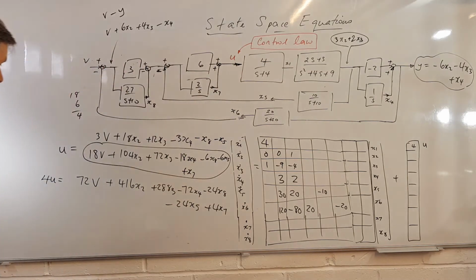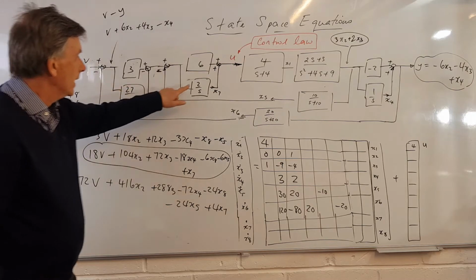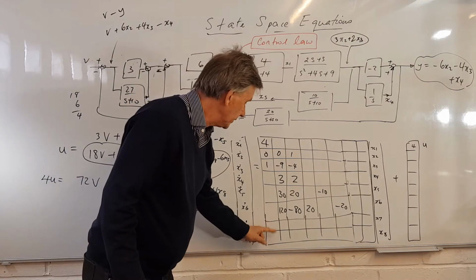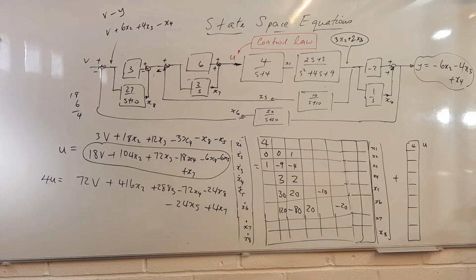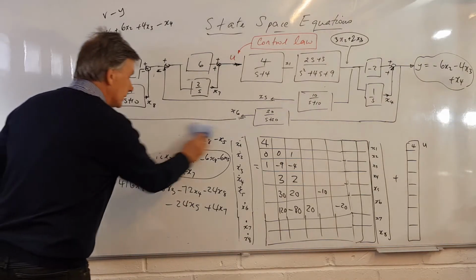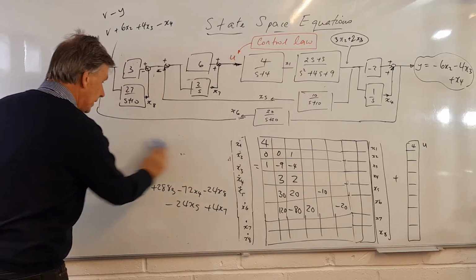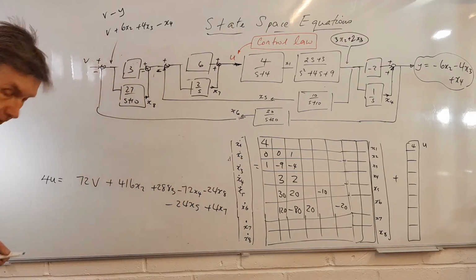We now put these numbers into the control law, but before we do that, we'd also be wise to get a little state space equation for this one and for this one and put those two equations in here. I've missed out on that a little bit, but we can do that quite quickly. So let's rub this bit here out. I'll keep our control law, having derived it.